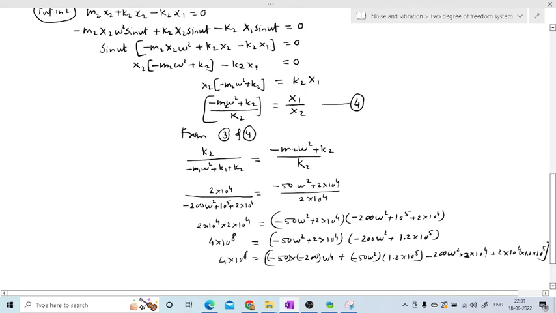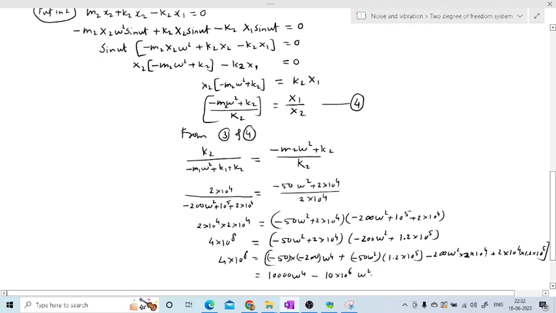Now we have to solve. For solving, this is 10,000 omega raised to 4, minus minus becomes plus, minus multiplied by this one, 50 into 1.2 into 10 raised to 5 omega square, so it will become 10 into 10 raised to 6 into omega square.